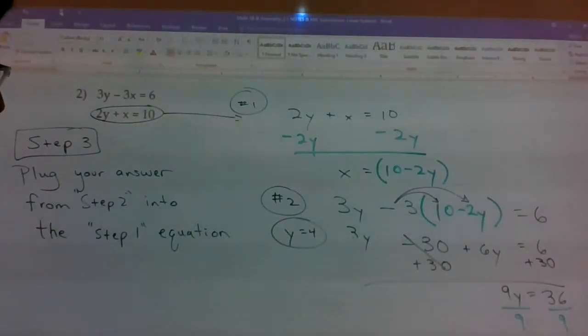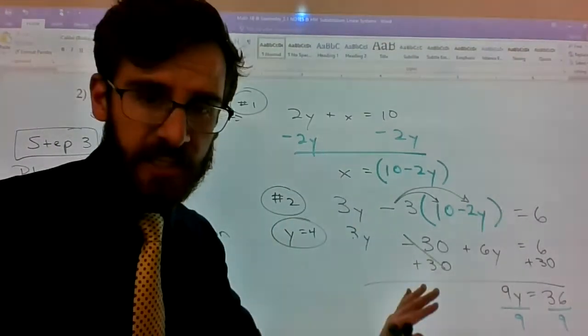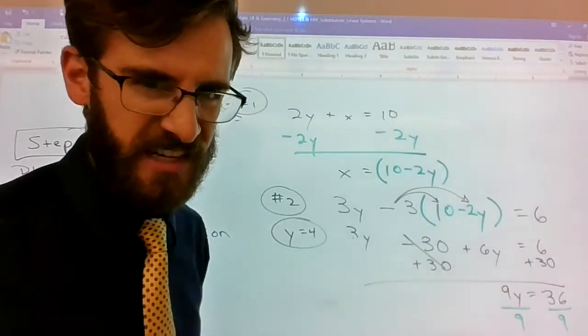So step 3 looks like this. I'm going to erase this work. So if you need to, take a screenshot of it to save it to compare with what I'm doing on step 3.